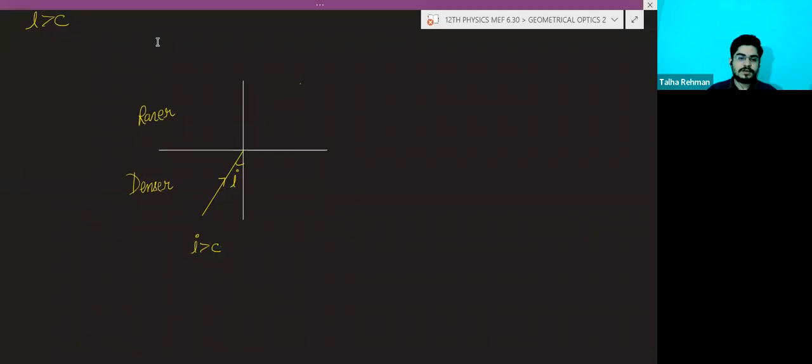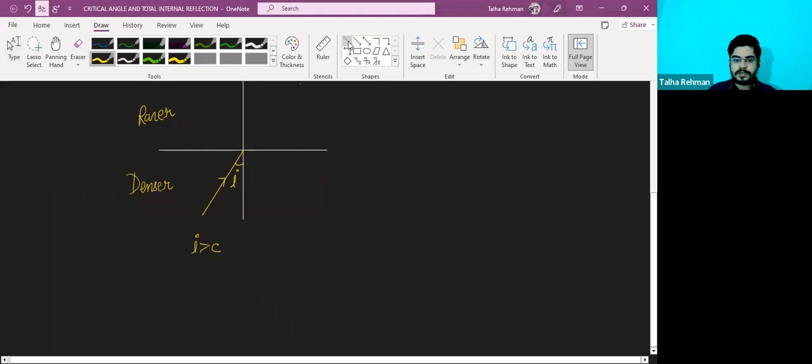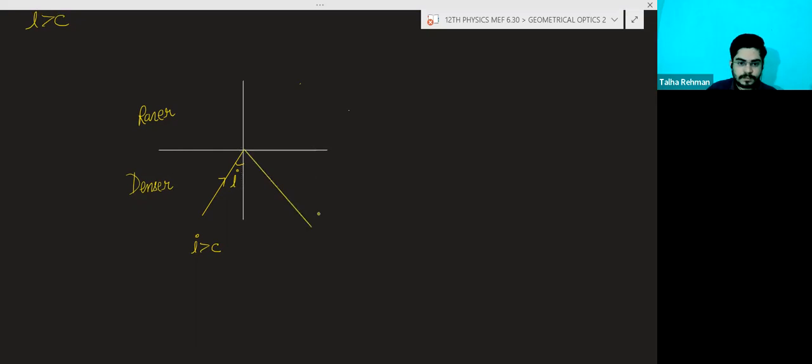So in this case, there will be no refraction and there will be reflection, and that will be the total internal reflection. This angle will be R, and we know that angle of incidence is equal to angle of reflection, as here is the reflection taking place, without a mirror.